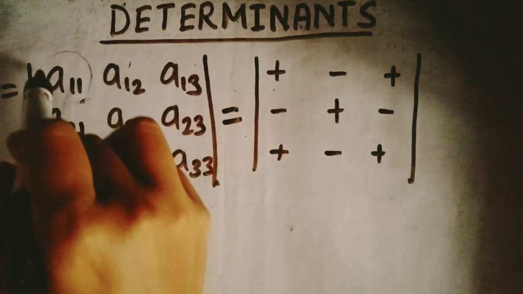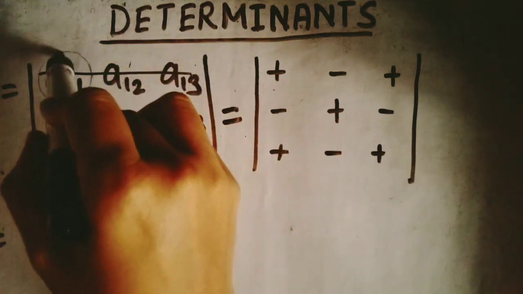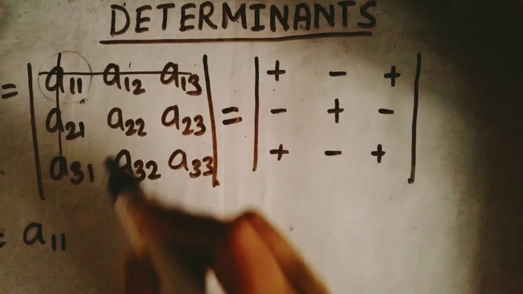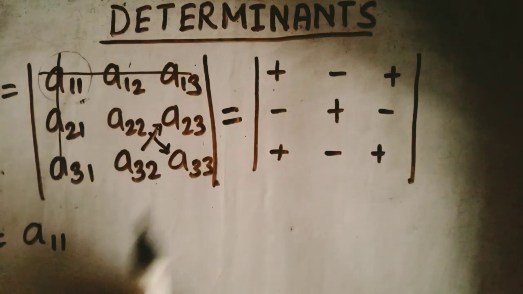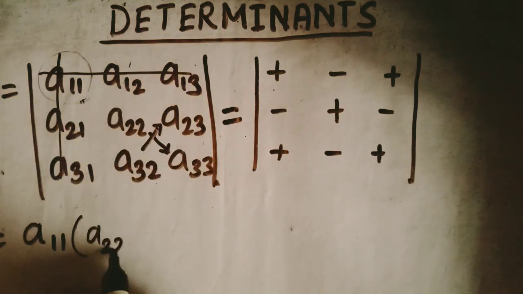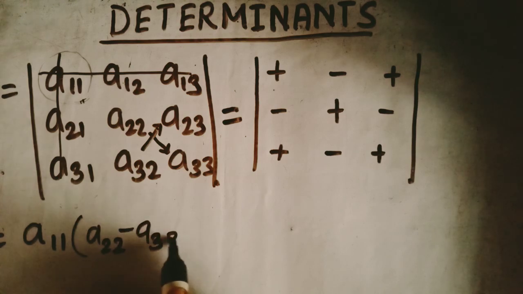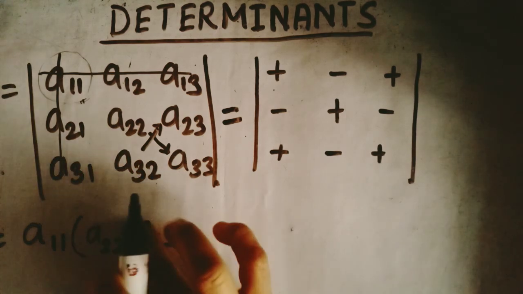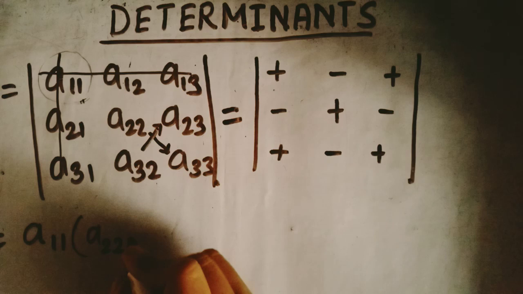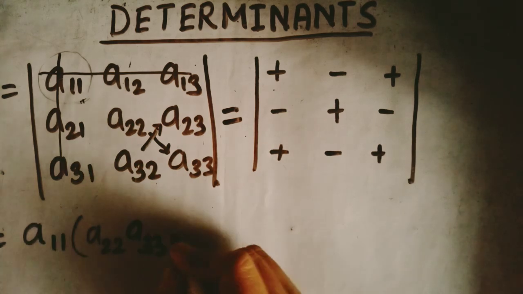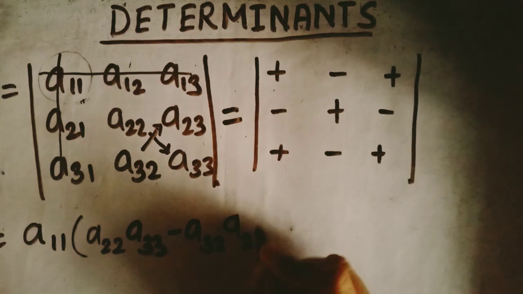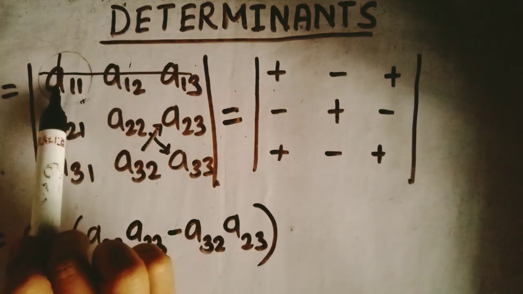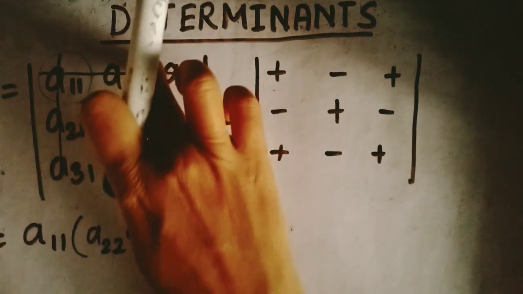Now you have to strike out this row and this column, and take the determinant of the rest. So A22 into A33, minus A32 into A23.